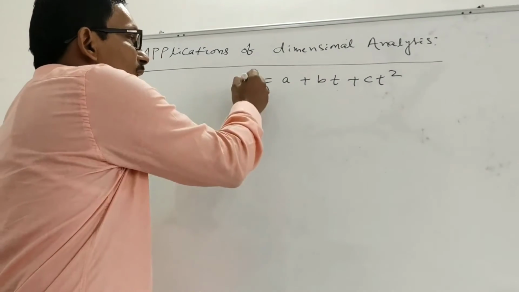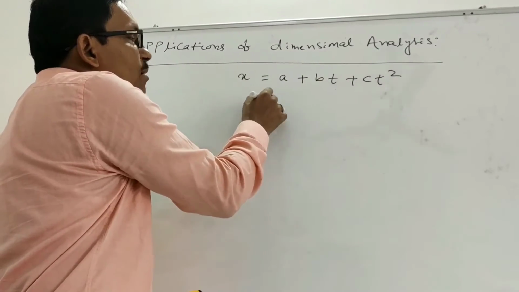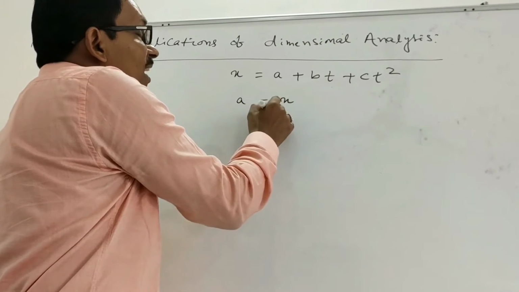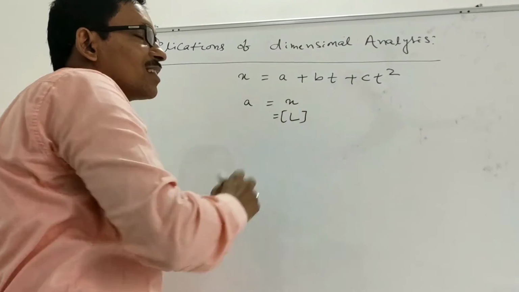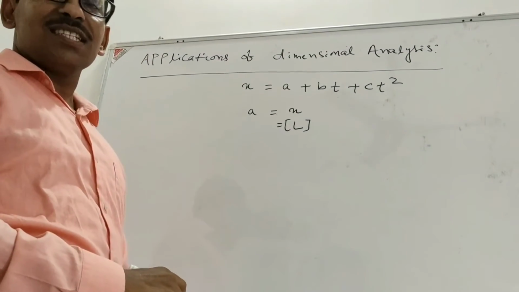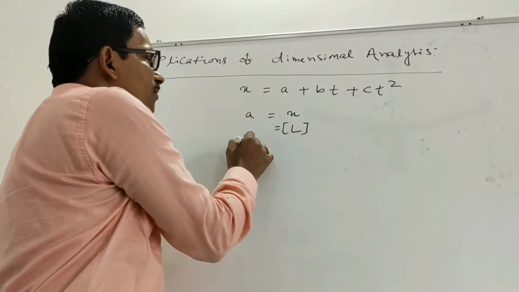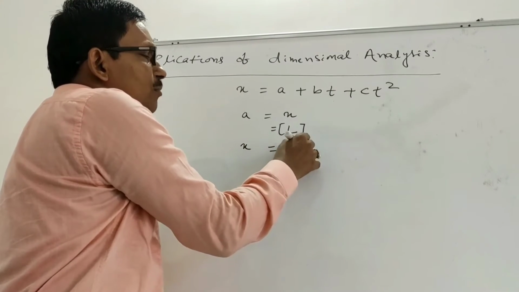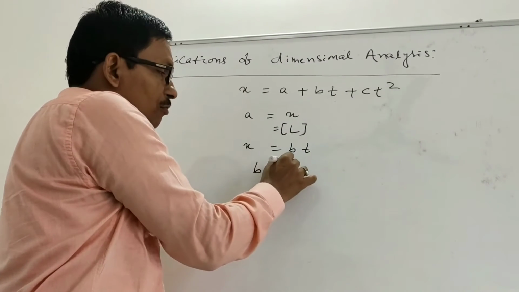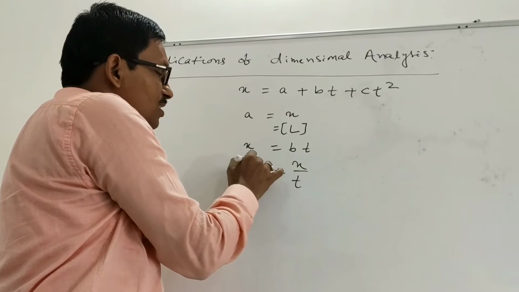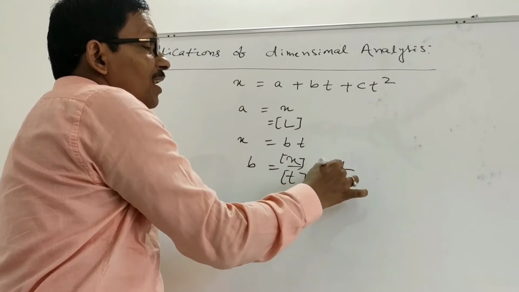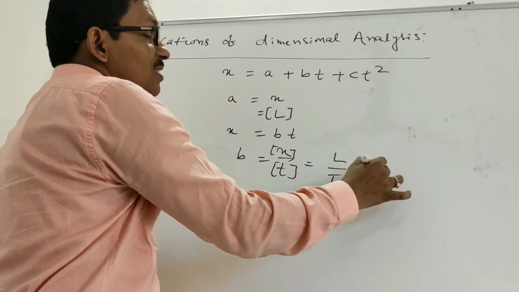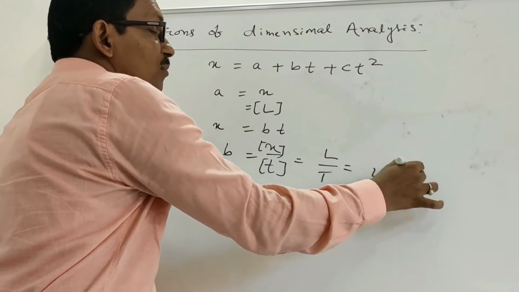So dimension of a is the same as the dimension of x, that means L, length, distance. And dimension of x is the same as the dimension of bt. So b is equal to x by t. Dimension of b is equal to dimension of x by dimension of t, L by t, that means L t minus 1.